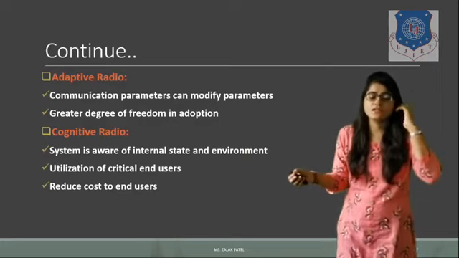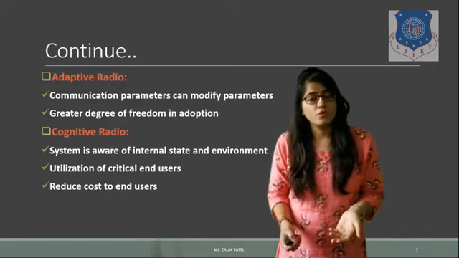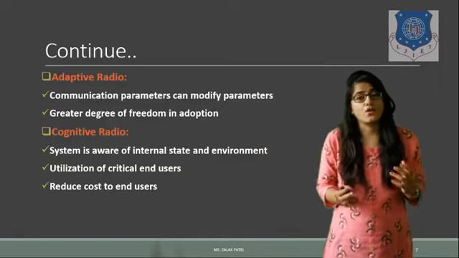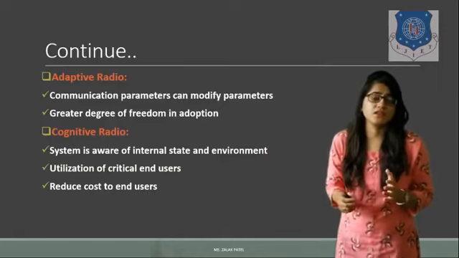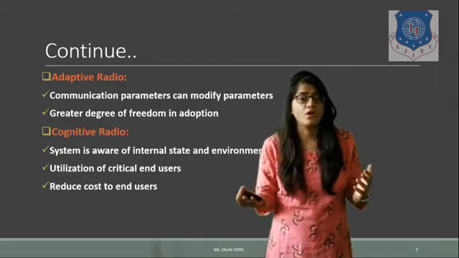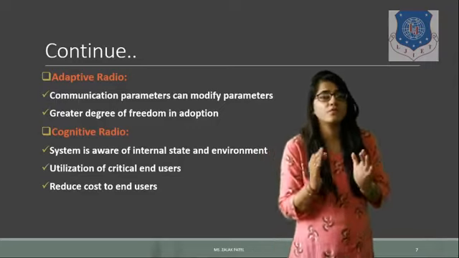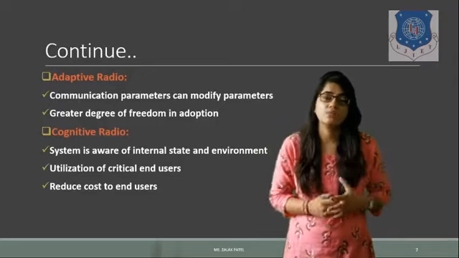So in this case, utilization will be more proper compared to the adaptive radio, and it also reduces the end user cost, because in this case each time the weighted factor should not be modified, or it can be carried out like a simple block diagram of the MIMO technique, that is multiple input and multiple output.